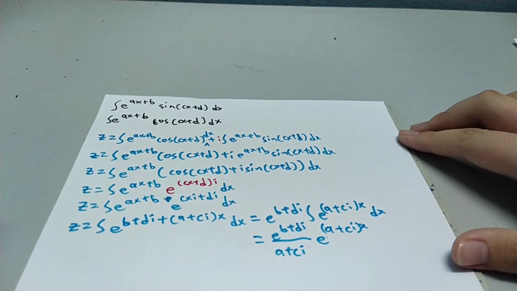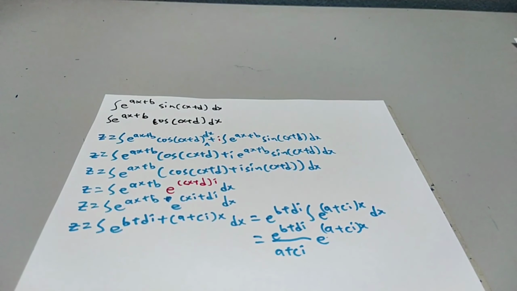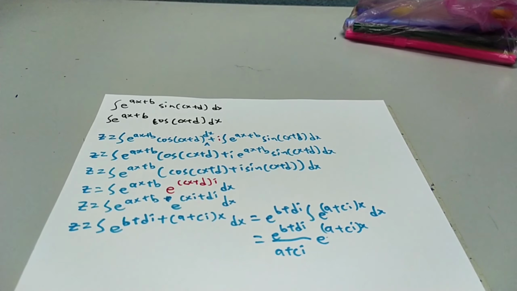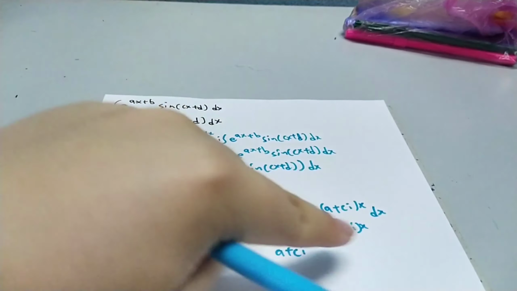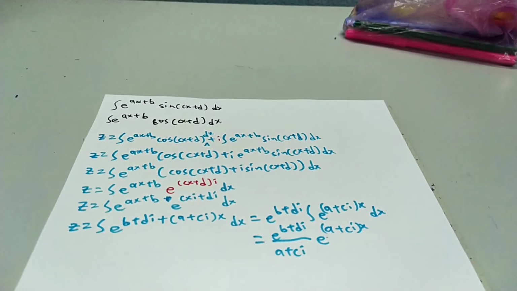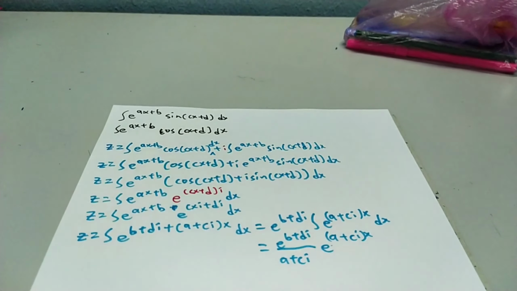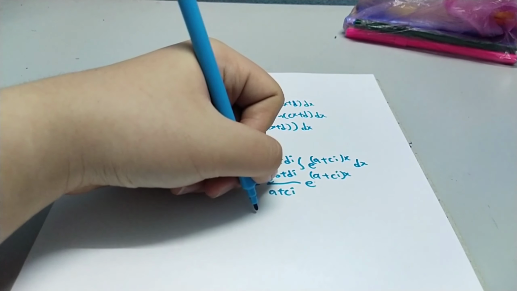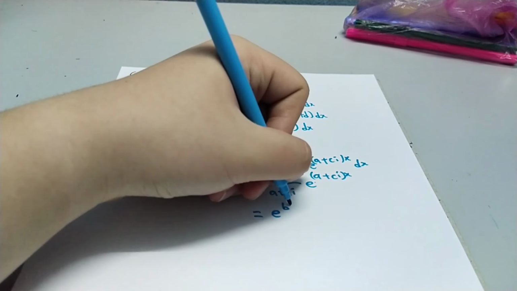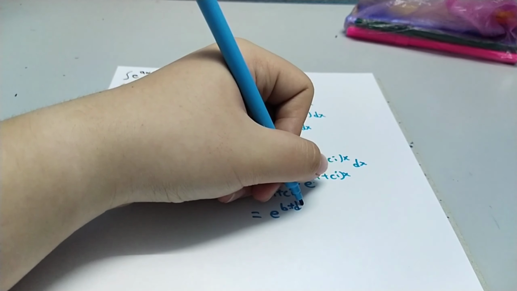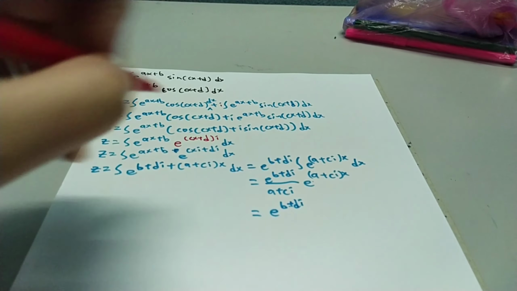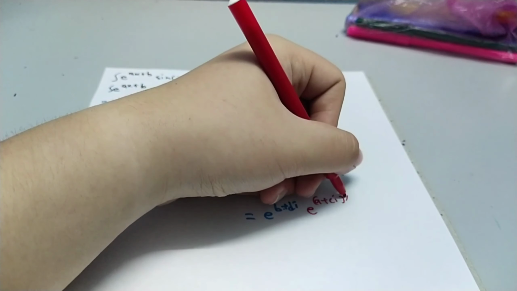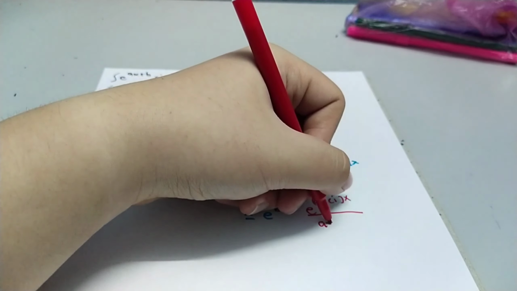Now look at what we got here. This thing is equal to e to the power of b plus di, times e to the power of a plus ci times x, over a plus ci.